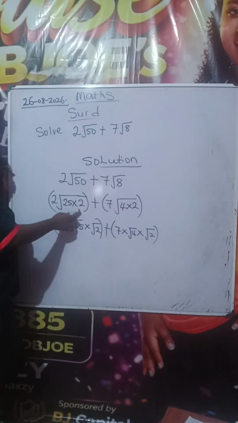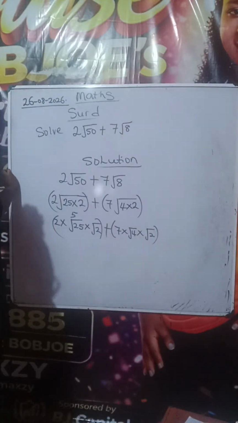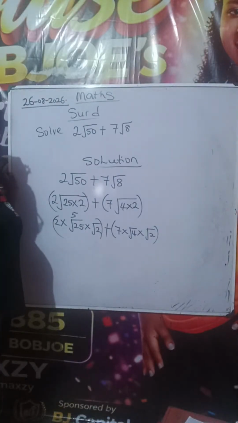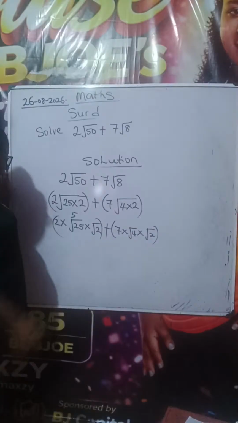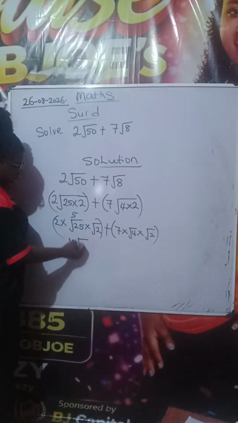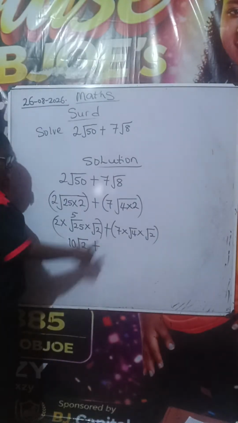What do we have? 2 times 5 will give us 10. So we have 10 multiply root 2. Just put it by the side of 2. We have root 2 plus.